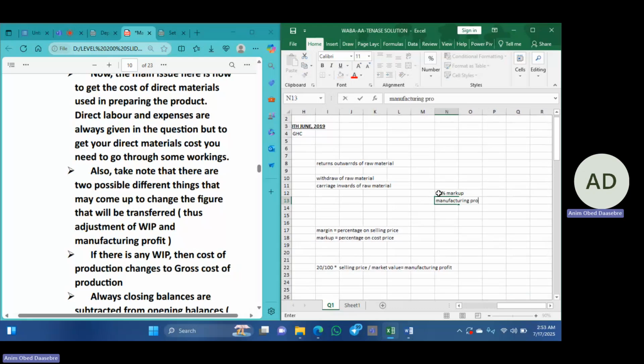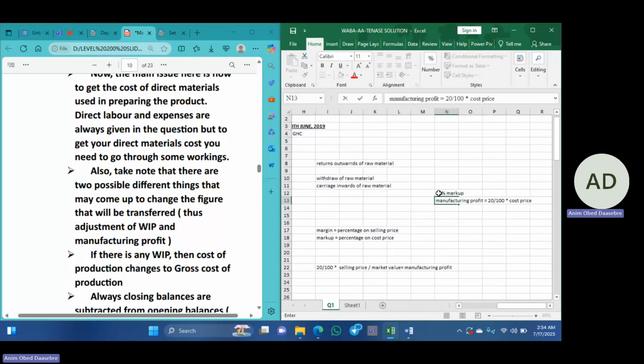Manufacturing profit equals that 20% times the cost price.